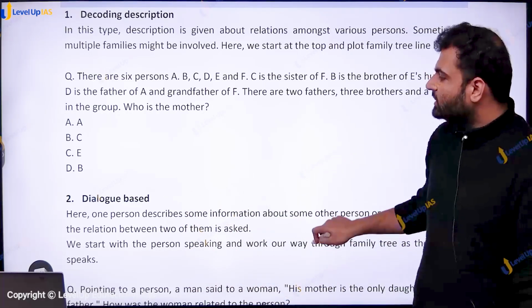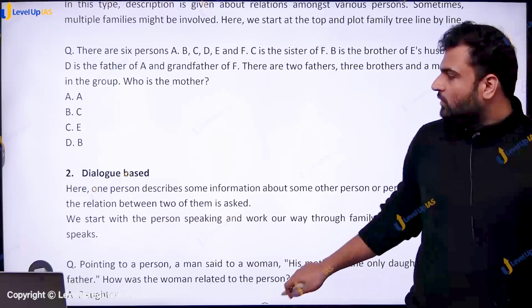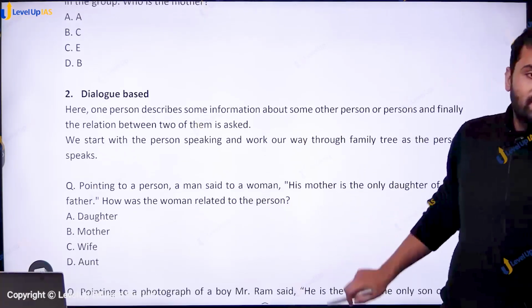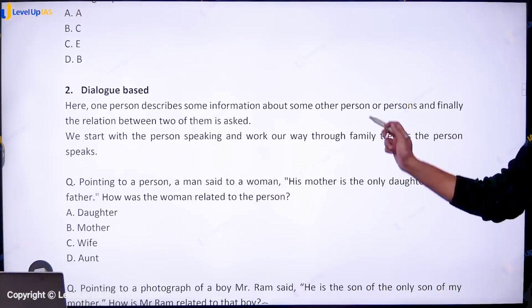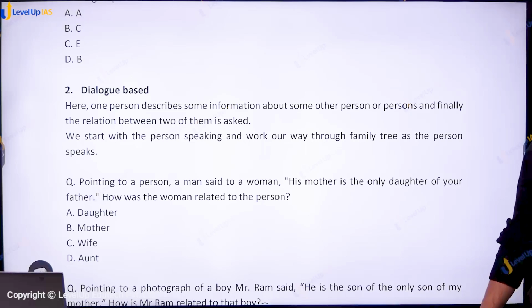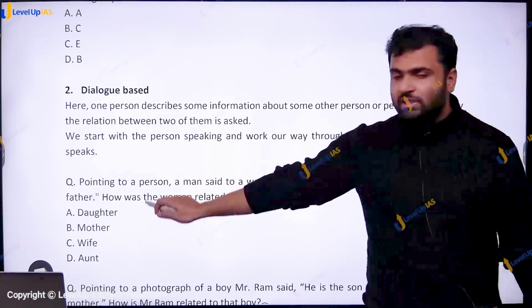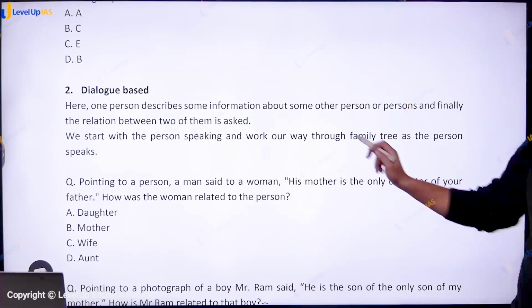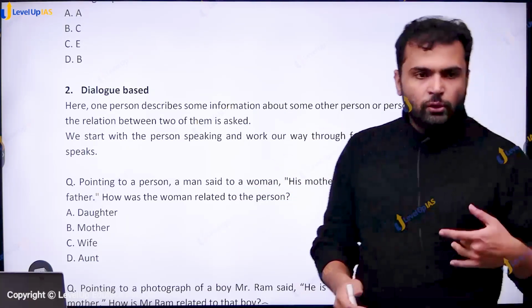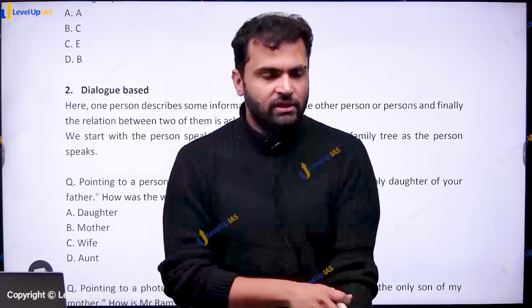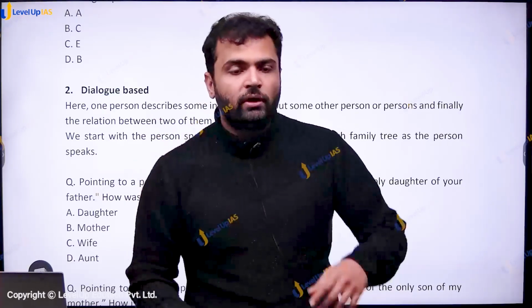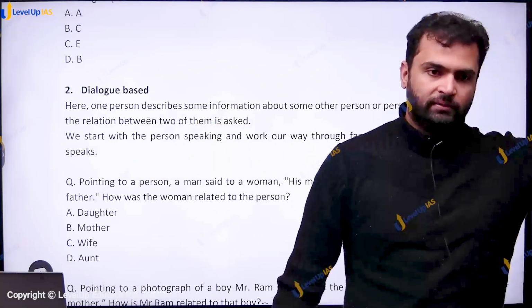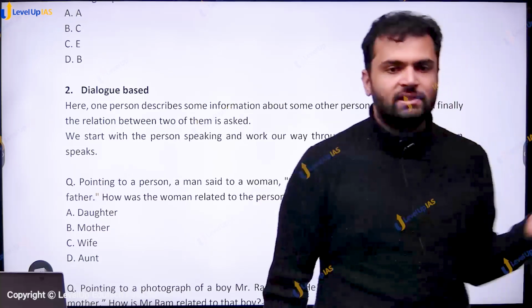Next type of question is dialogue based. So here one person describes some information about some other person and finally the relation between two of them is asked. We start with the person speaking and then work our way through the tree as the person speaks. मतलब जो भी बोल रहा है, we start with that person and then in the dialogue we look for when he describes himself later. तो फिर वहां से पकड़ते हैं.